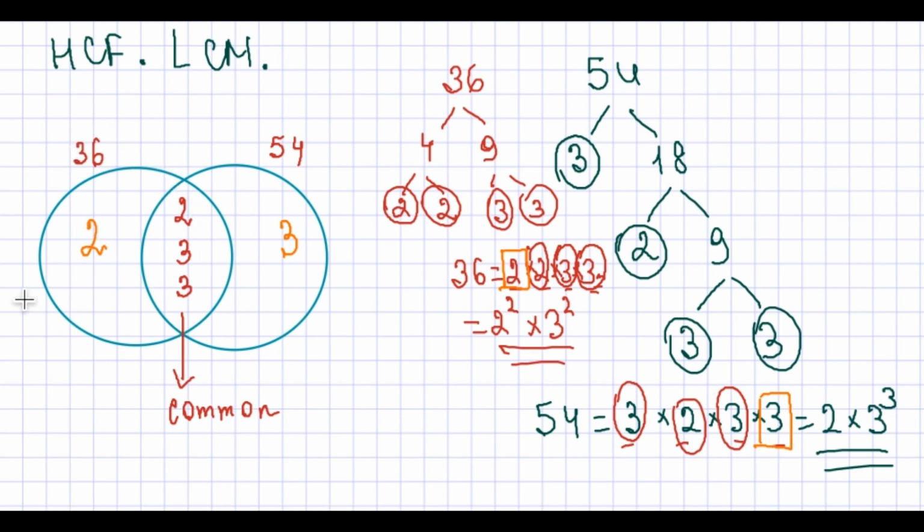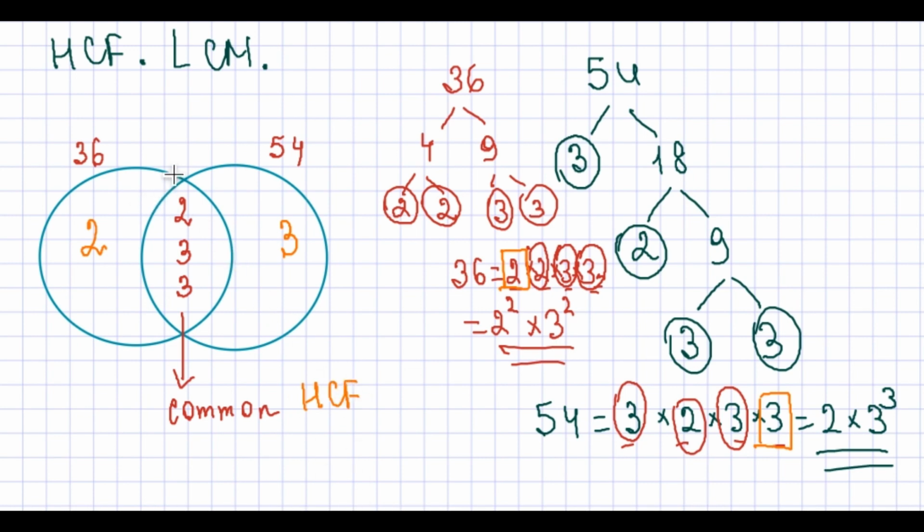Okay, in the 36 circle we have 2, 2, 3, and 3, that makes 36. And in the 54 circle we have 2, 3, 3, and 3, that the product is 54. Okay, so the middle part, the common part, is the HCF part.